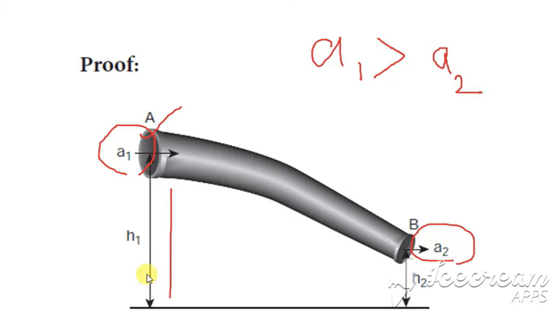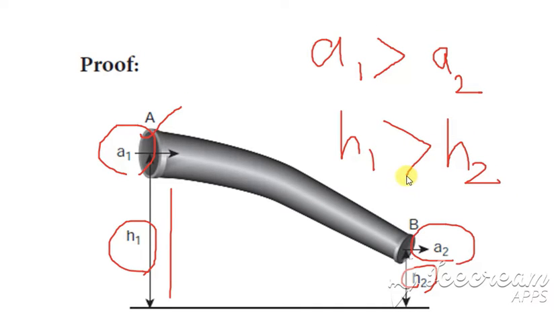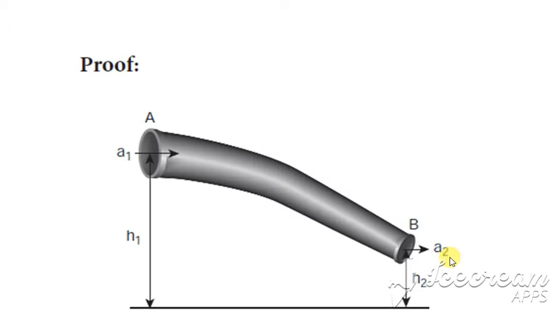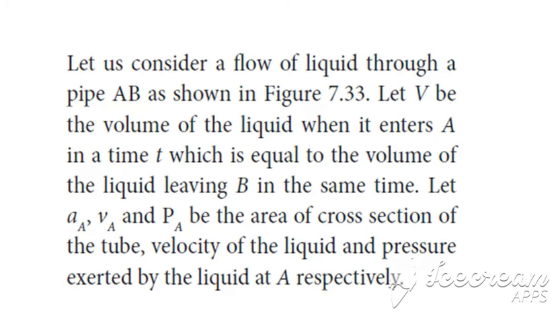And see the heights h1 and h2; h1 is greater. This is a pipe AB which has the areas A1 and A2, placed at heights h1 and h2. You have to know that A1 is greater than A2 and h1 is greater than h2.